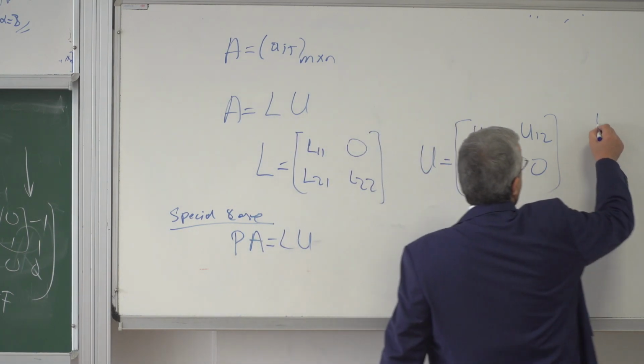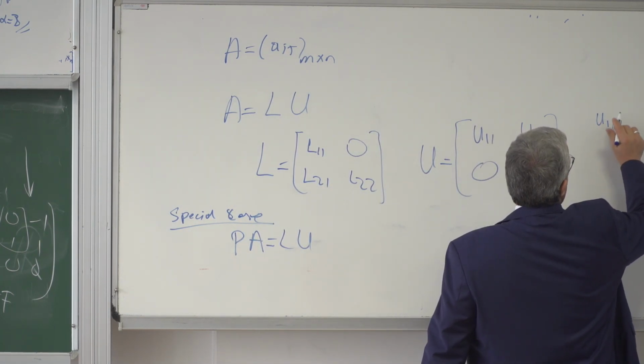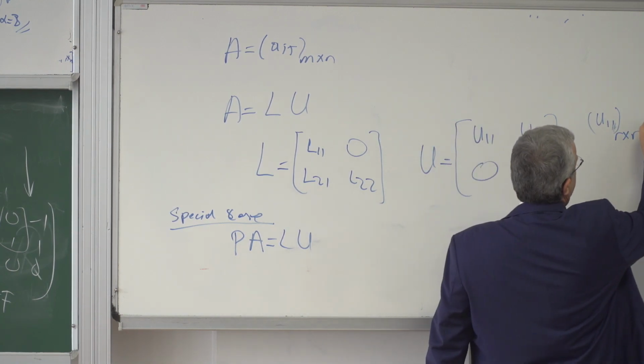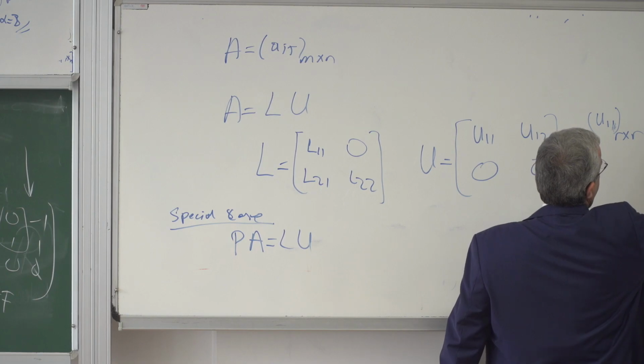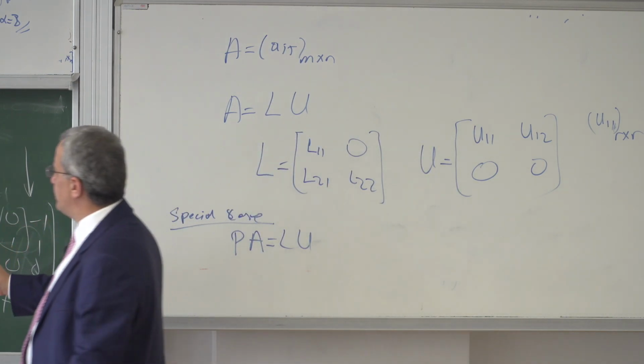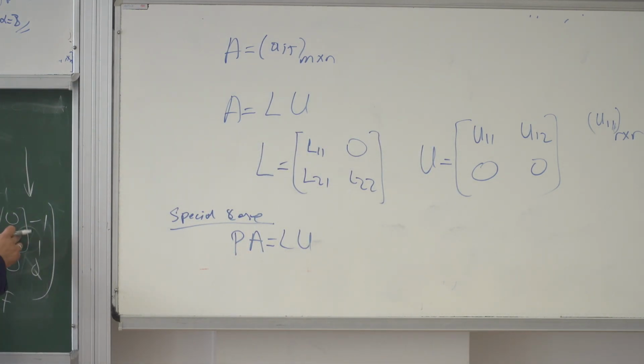In another case, here, this U11 is an r by r matrix and is non-singular. But as we see in this example, it doesn't have to be like that. Sometimes this U11 could be distributed over the columns, okay?